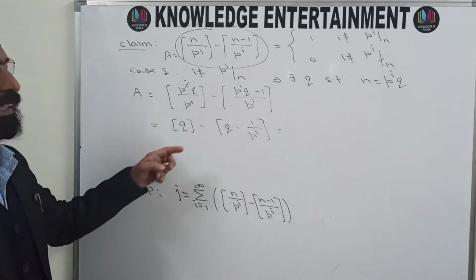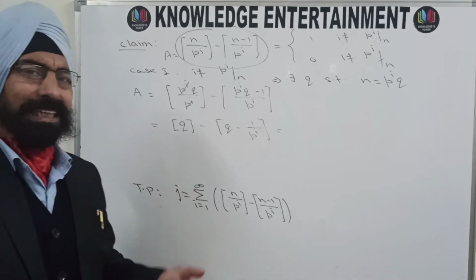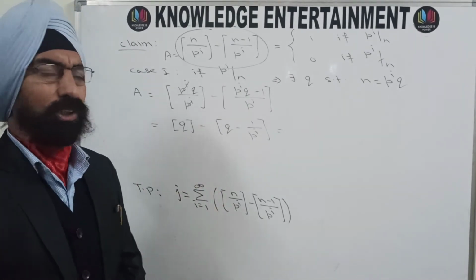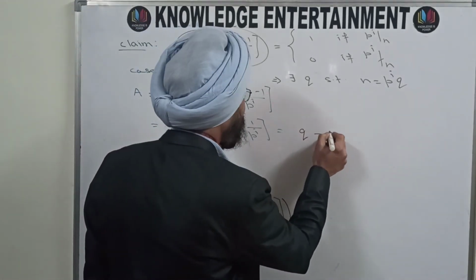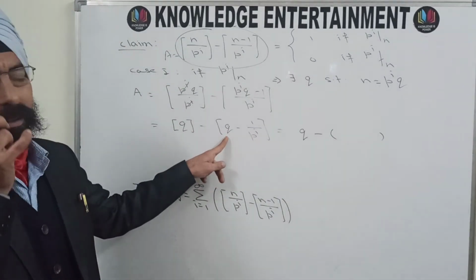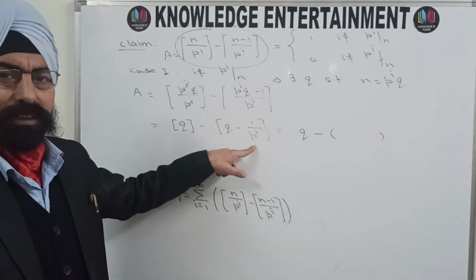Now q is an integer. For any integer, its integral part is the integer itself and the fractional part is 0. So the box of q minus this: this is some integer minus something positive that lies between 0 and 1.